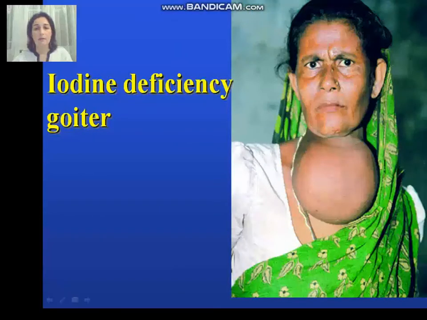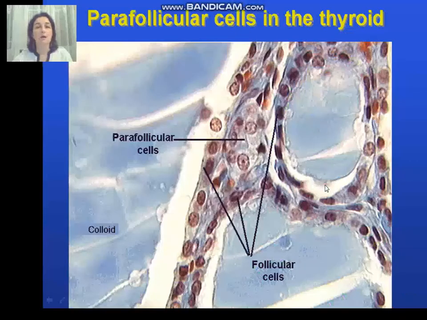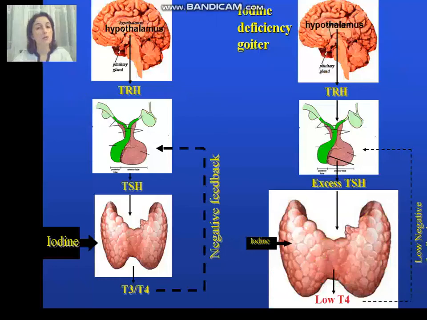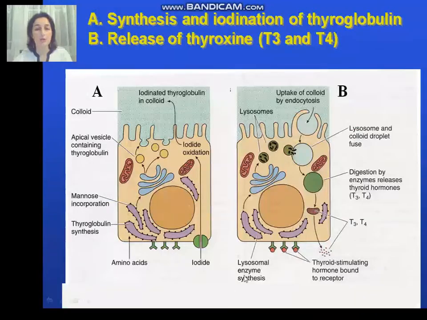Here we can see the iodine deficiency goiter. Another reason, it may be another problem. It may be a problem of immunity. The body may produce antibodies against receptors of TSH. So TSH receptors we can see here.